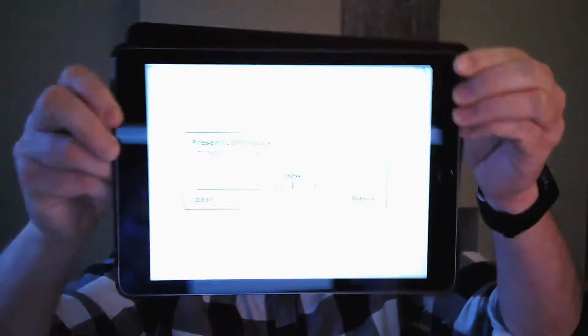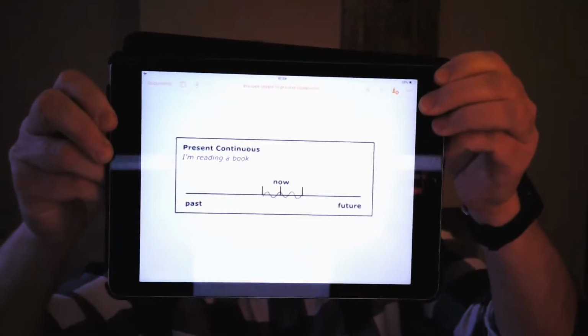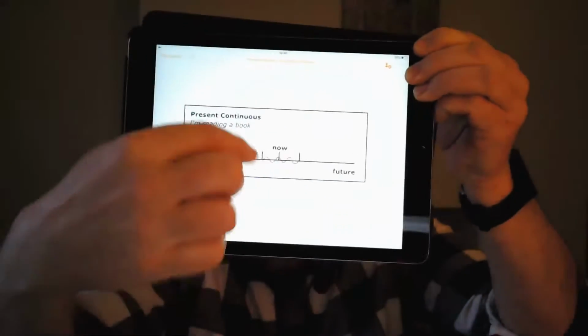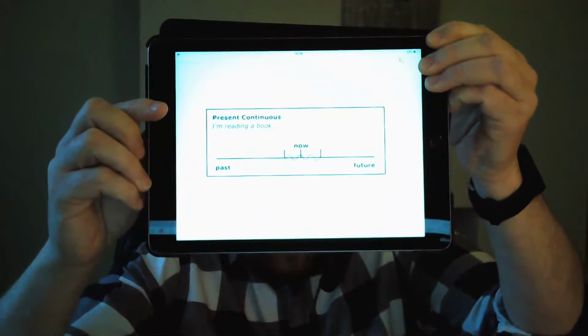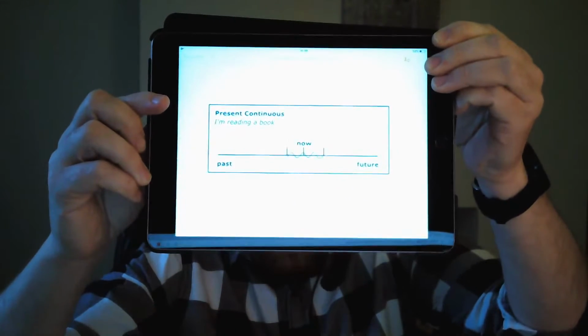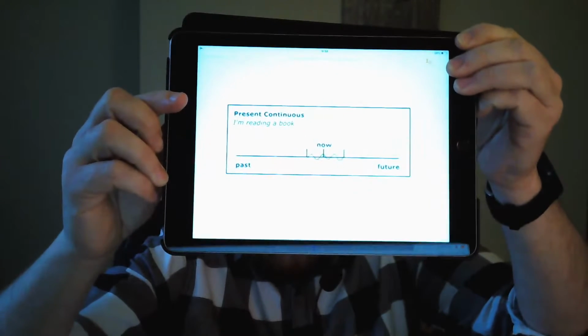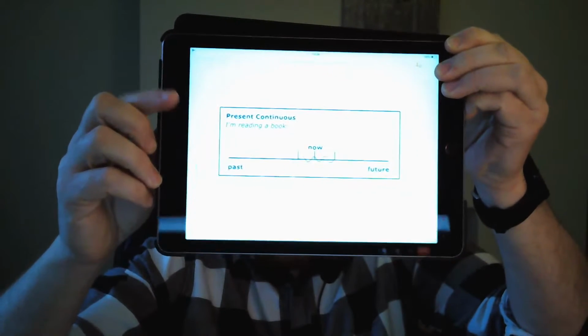Okay, and if we compare that to the timeline or the diagram for present continuous, that looks like that. So we see in the middle we have now, and we have this continuous action from the past and going into the future as well. So we can see from this diagram that something is already in progress.